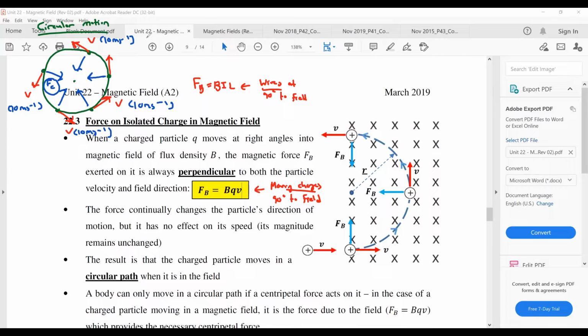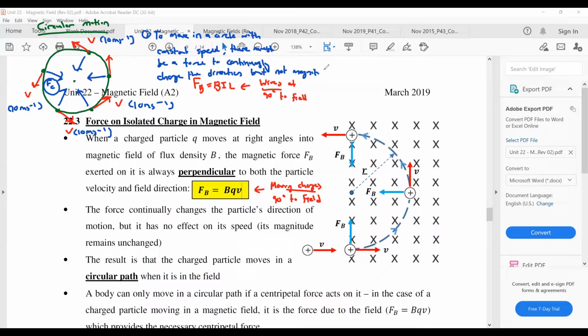Now the key takeaway point was that to move in a circle with constant speed, there must be a force to continuously change the direction, but not the magnitude of the velocity.